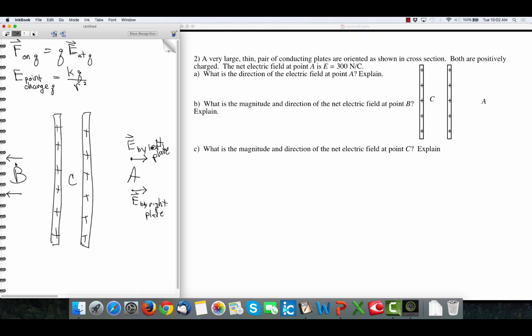My apologies to Coulomb, although Kelvin's no slouch. How about in the center?